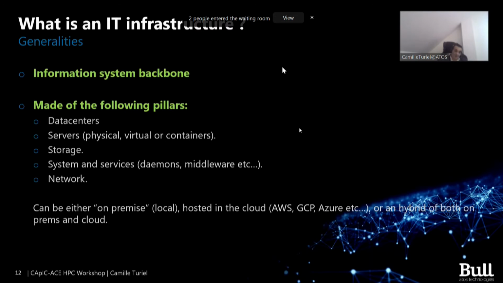So what is an HPC supercomputer? It's basically a set of standard nodes. I would not say cheap, but you can say cheap compared to a monolithic mainframe.